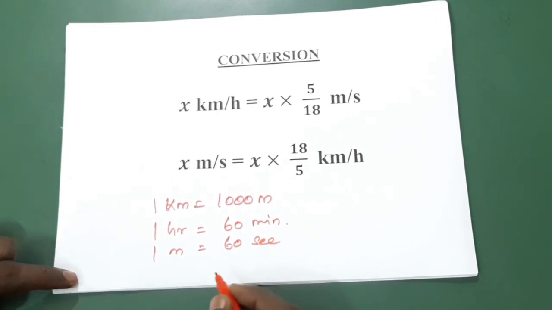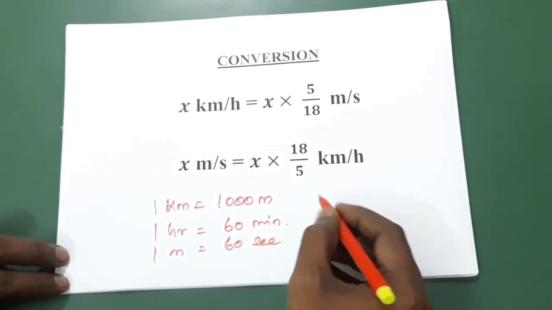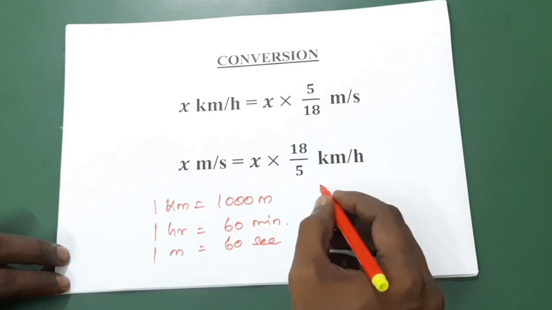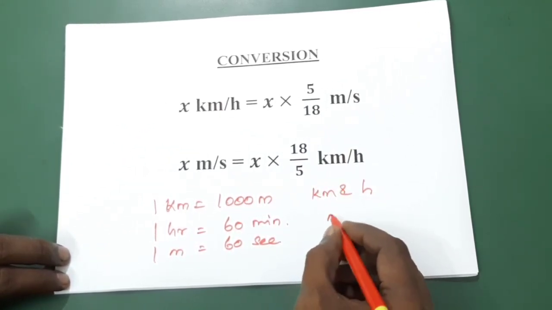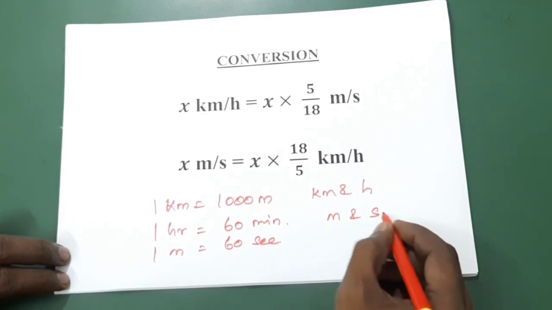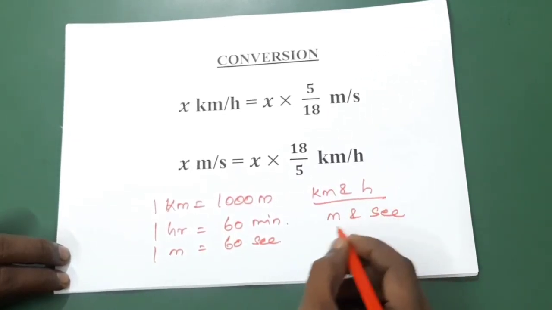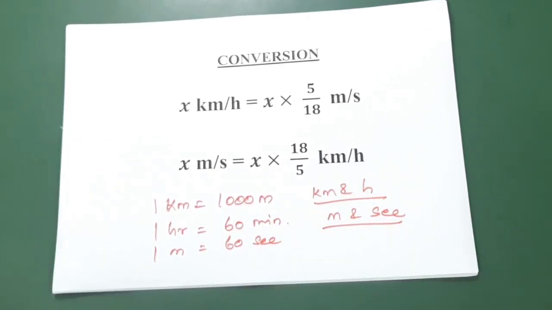Usually the problems given in these examinations are in terms of kilometer and hour, or meter and seconds. Whichever form it is, we have to convert uniformly, either to kilometer and hour or to meters and seconds.